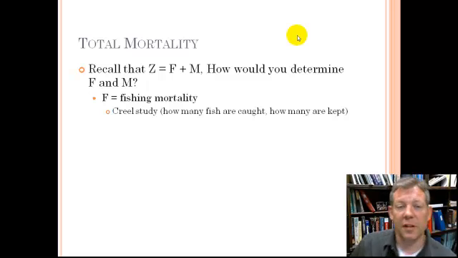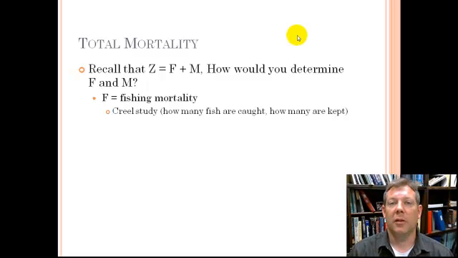Well, F is fishing mortality, and an easy way to get that is with a creel study, right? So we're talking to the anglers and seeing how many they keep. If we have some tagged fish and they're calling in the tags, these are all done to estimate fishing mortality, to get a feel for how many fish are being kept by the anglers.